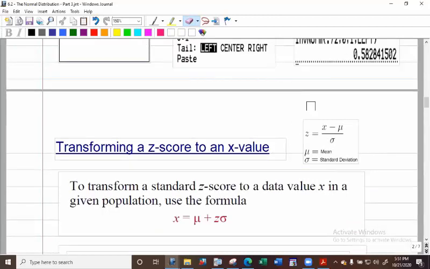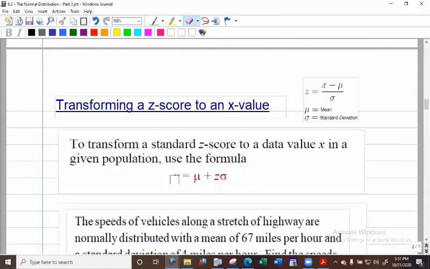If you're doing this using the chart, you would use this formula right here. All this formula is just an algebraic rearrangement of this formula here, solved for X. It's already isolated and solved for X. I like that. It's already done, so you don't have to do it each time.